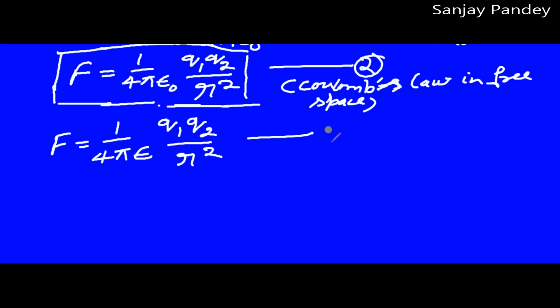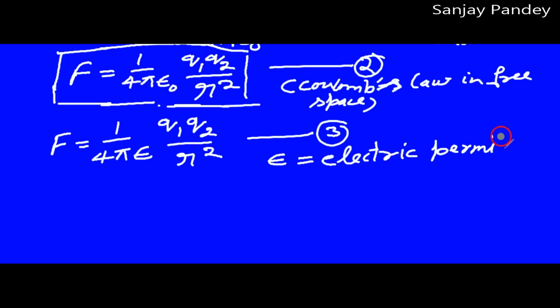This is your equation 3. Here epsilon is the electric permittivity of the given medium.